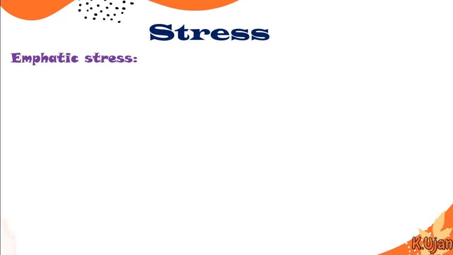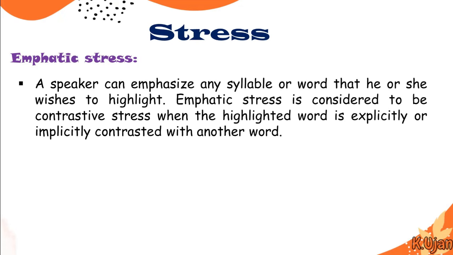The third type of stress is emphatic stress. A speaker can emphasize any syllable or word that he or she wishes to highlight. Emphatic stress is considered to be contrastive stress when the highlighted word is explicitly or implicitly contrasted with another word.